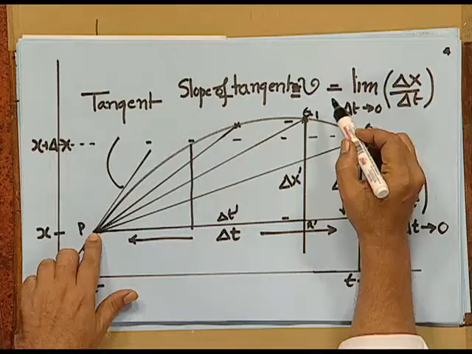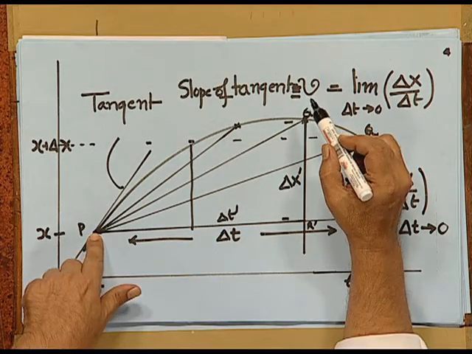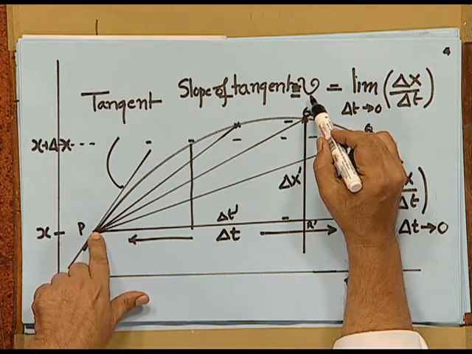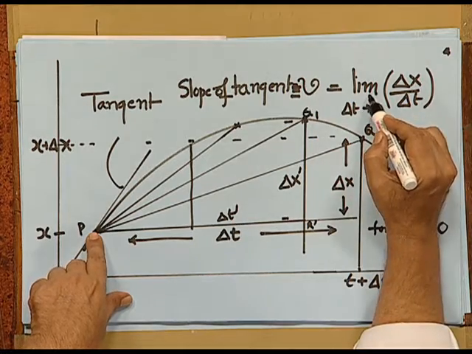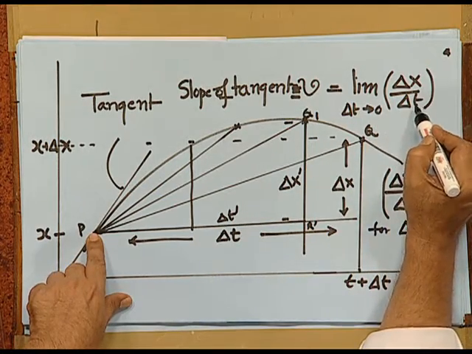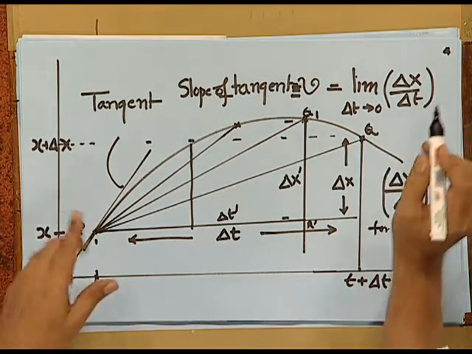The slope of the tangent at point P, that is V, is written as limit of delta x by delta t as delta t tends to 0, and is called the instantaneous velocity at point P.